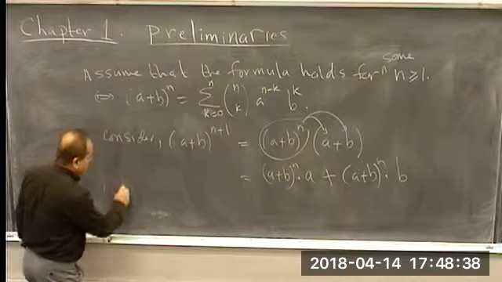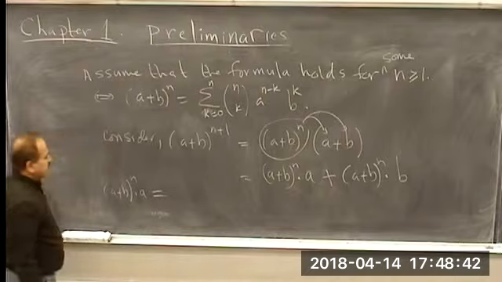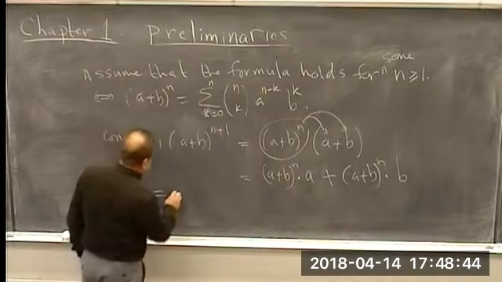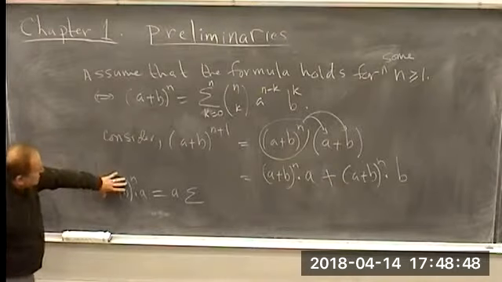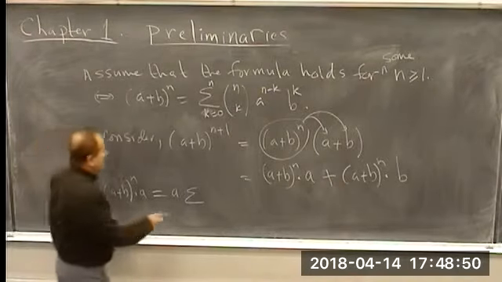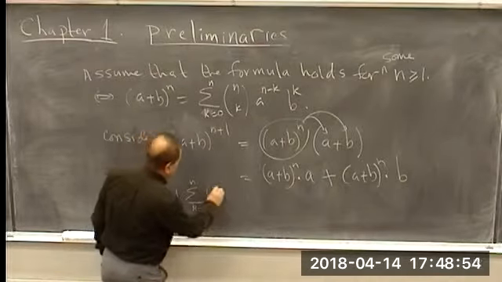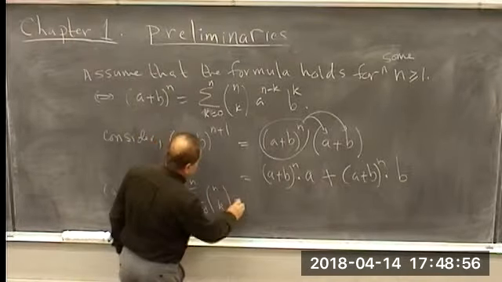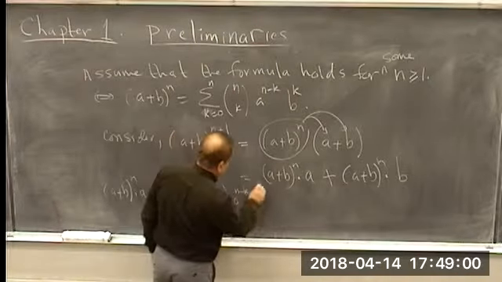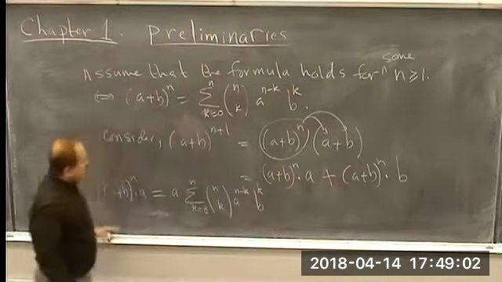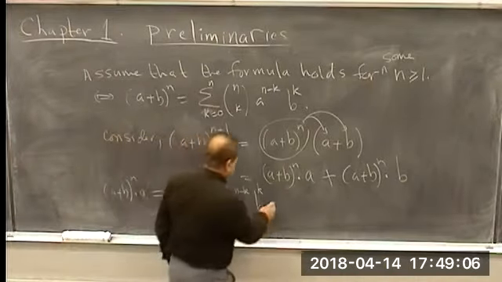A plus b to the power n times a. Well, this is going to be equal to a multiplied, because the statement is true, so I can use the sum k equal 0 up to n, n choose k, a to the n minus k times b to the k. Then I can pass the a inside the summation.